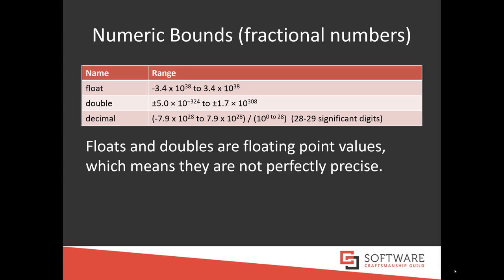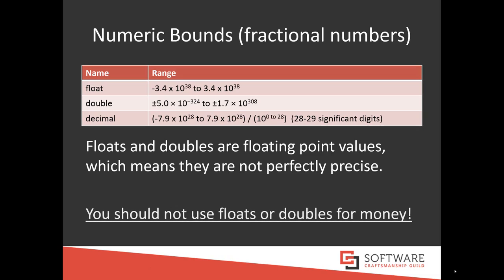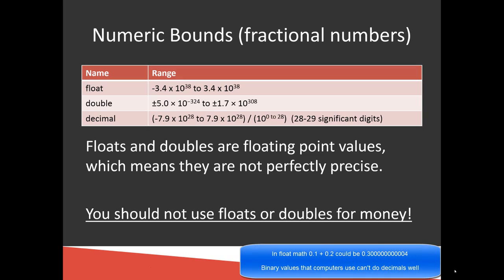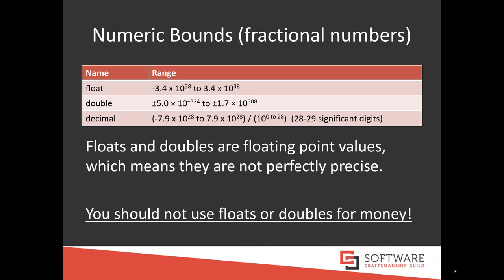But basically, it's very hard in binary to represent decimal values. So floats and doubles, very fast at math, great for scientific calculations, but you should not use floats or doubles for money, because if you have many steps in a financial calculation where rounding might occur, these imprecise values can cause rounding errors, which in the finance world is unforgivable. So always use a decimal if you are representing money.